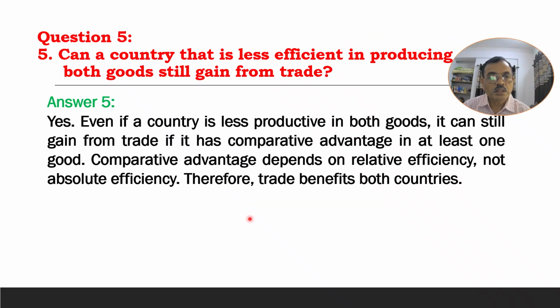The next question: can a country that is less efficient in producing both goods still gain from trade? The answer is yes. Even if a country is less productive in both goods, it can still gain from trade if it has comparative advantage in at least one good.